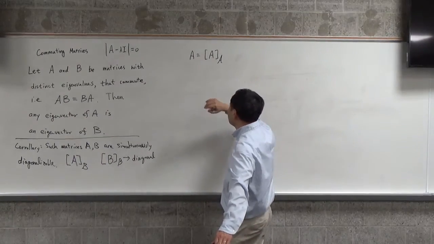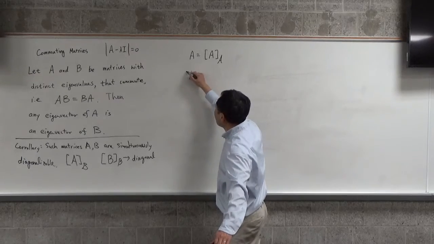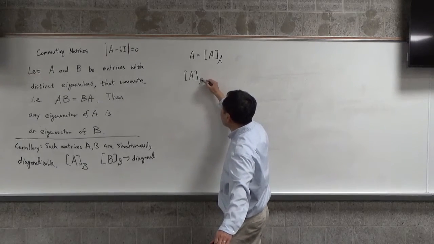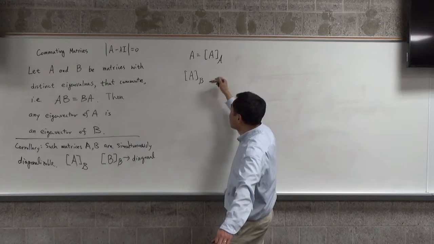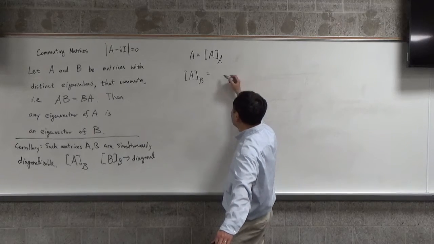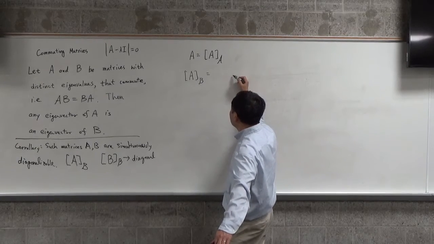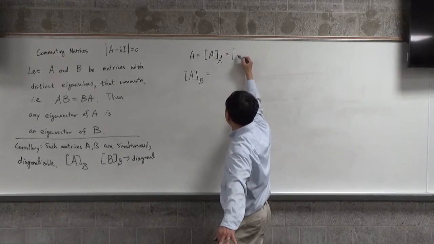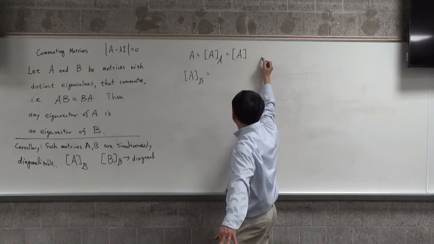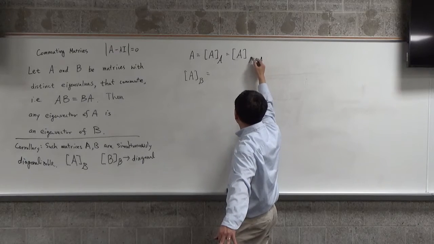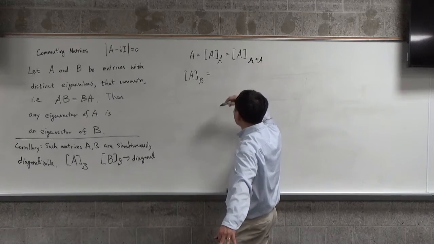Okay? Then writing A with respect to this new basis of eigenvectors is the same thing as, well, by the way, when I say this, I really mean A to A. That's the symbol that we're using.